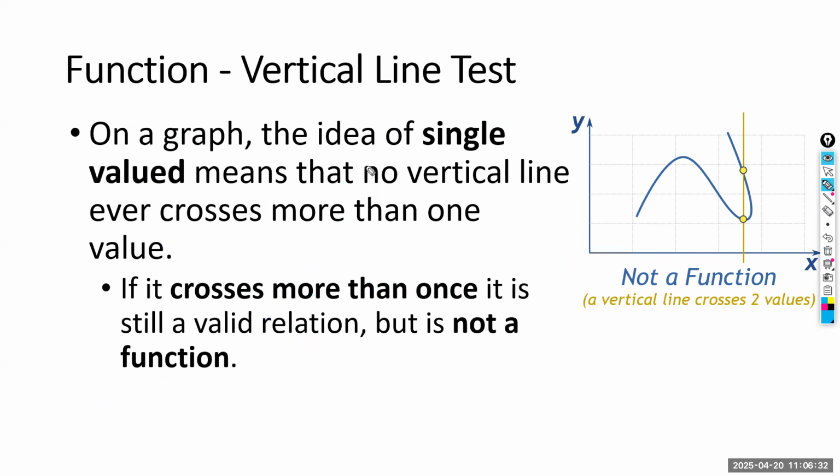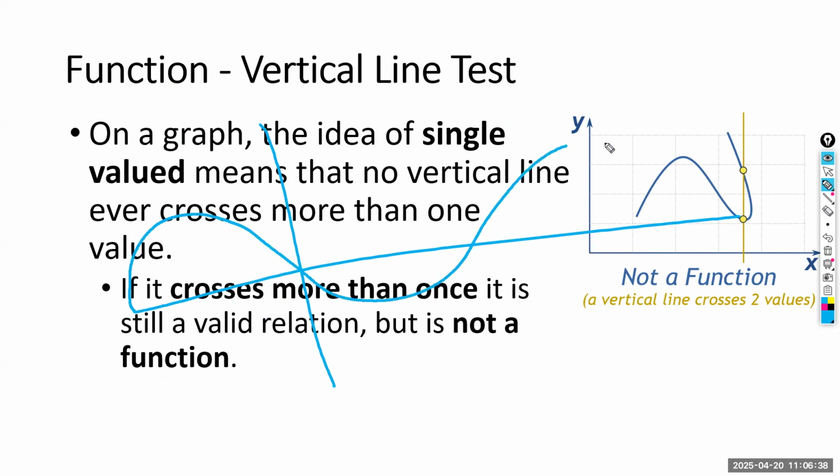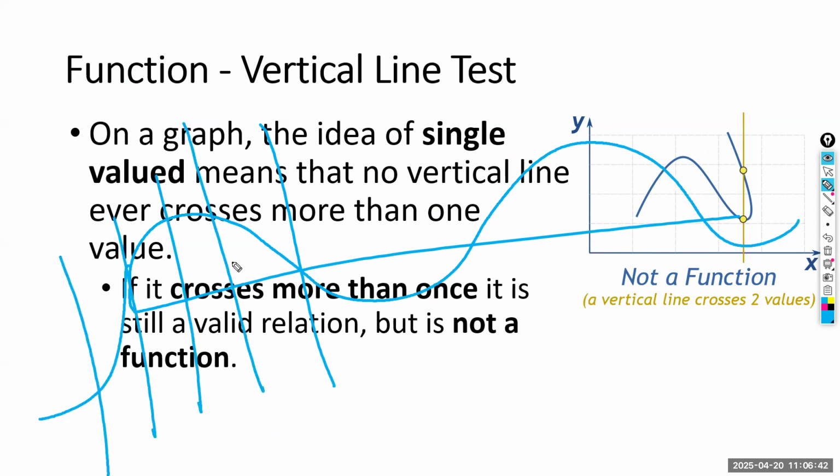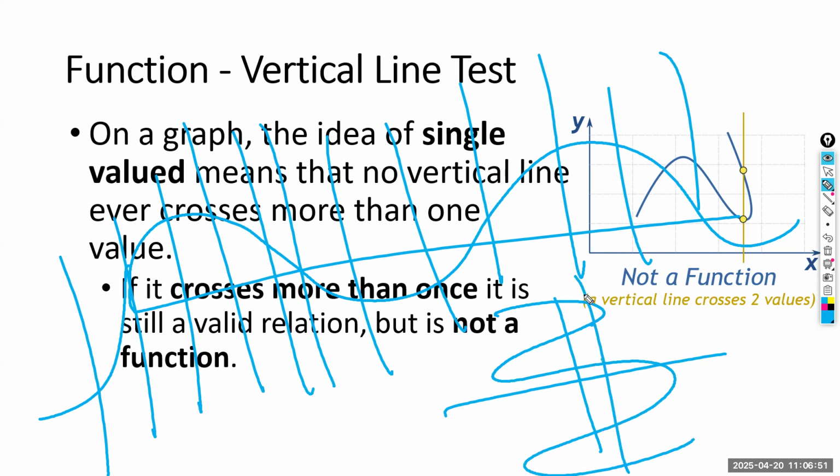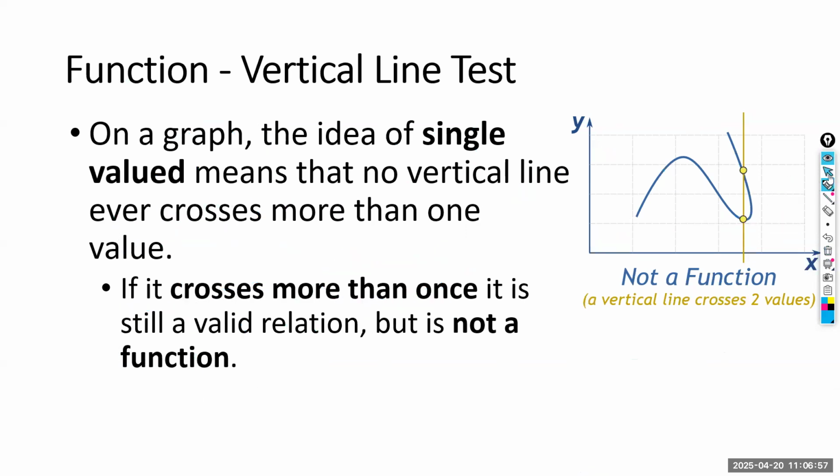Even this is a function, the sine wave function, because it passes the vertical line test. But if you take something like this, that is not a function, because for one x value there are multiple y values. Is it clear?